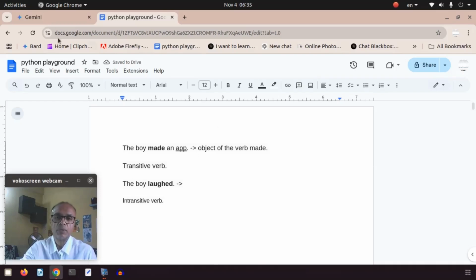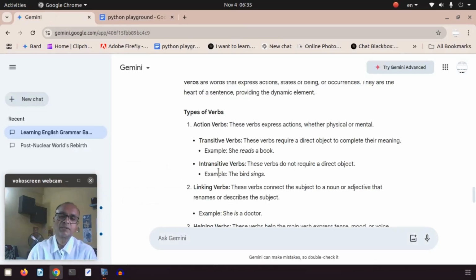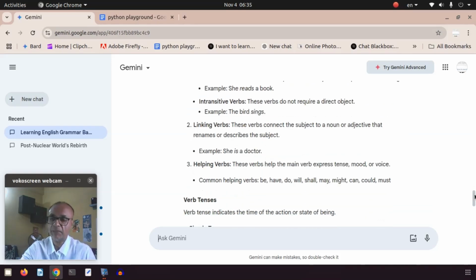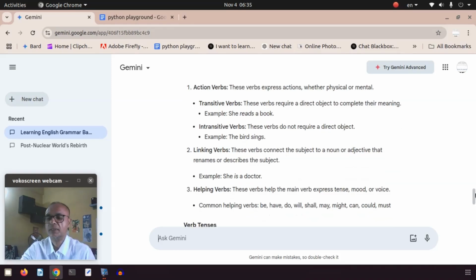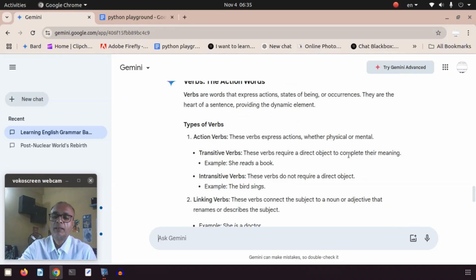Now come back to our Gemini Bird. Gemini Bird is our teacher, and here it says types of verbs. There are action verbs, linking verbs, and helping verbs. Helping verbs means auxiliary verbs actually, I think. Anyway, now action verbs: there are two types of action verbs. One is transitive verb, another is intransitive verb.